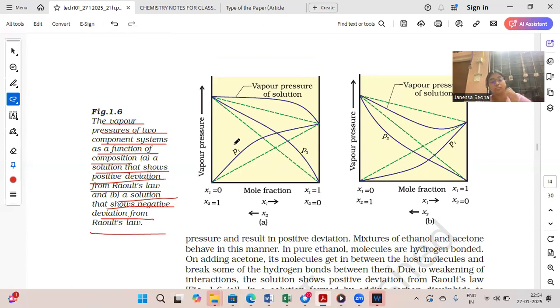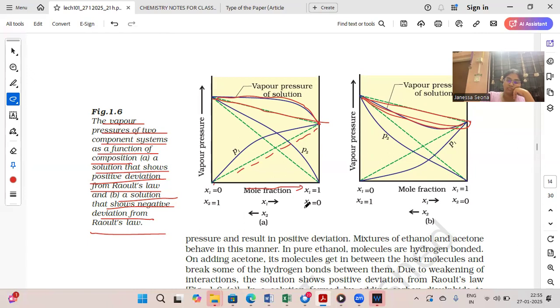positive deviation from Raoult's law because the vapor pressure of the solution is higher than the predicted value. Amma, this is negative deviation from Raoult's law because the vapor pressure of the solution is lower than the predicted value. This is the change of vapor pressure of component P1 as a function of mole fraction of component X1.